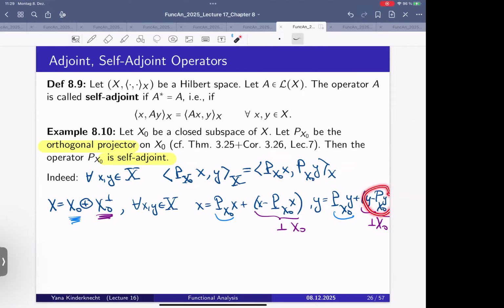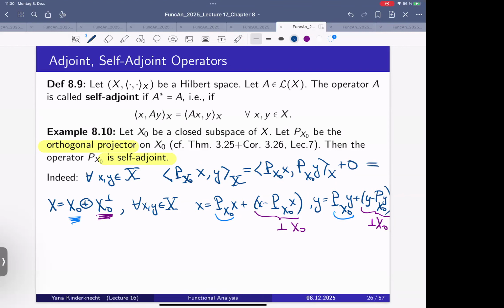But the second summand is orthogonal to X0, and this guy belongs to X0. So the second scalar product will disappear. Okay, it's clear. Plus 0.